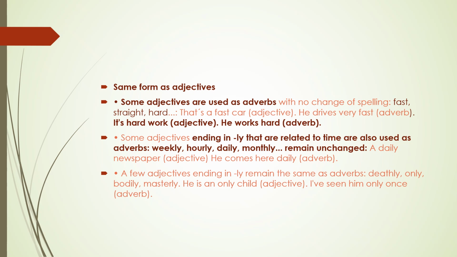Okay, some adjectives are used as adverbs. For example, with no change of spelling, fast, straight, hard. That's a fast car. Adjective in this case. He drives very fast. Here it's an adverb. As you can see, the adjective goes before the noun, and here the adverb, which is giving more meaning, is a complement for the verb instead of the noun, and goes after the verb.